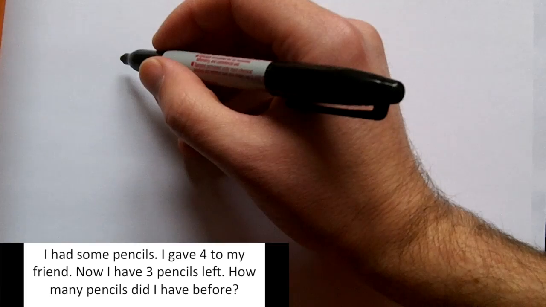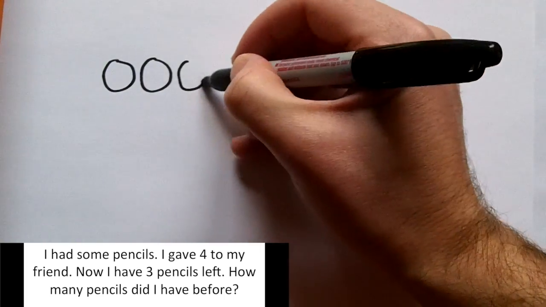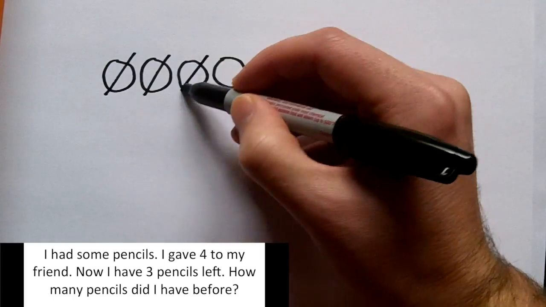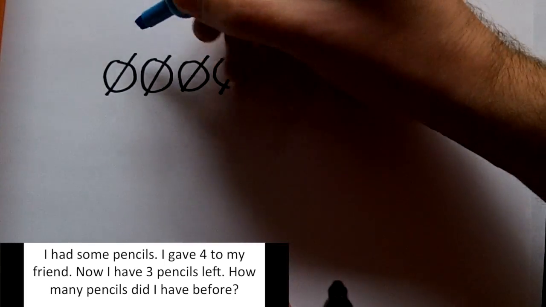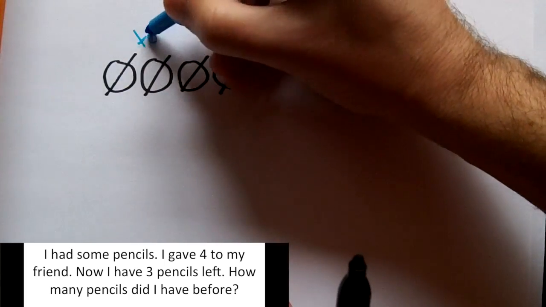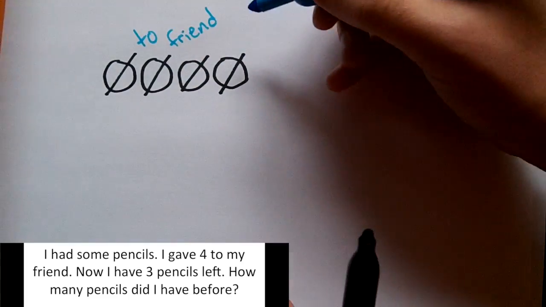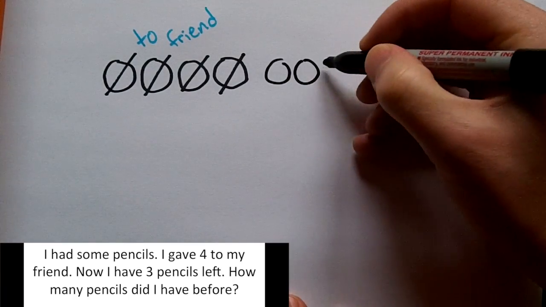Let's write the number sentence. I had some pencils. I can't show that. But I do know that I gave 4 to my friends, so I'm going to show the 4 I gave to my friends. I'm going to cross them out because that makes sense. I gave them away. I'm going to label it to friends. And now I have 3 pencils left.